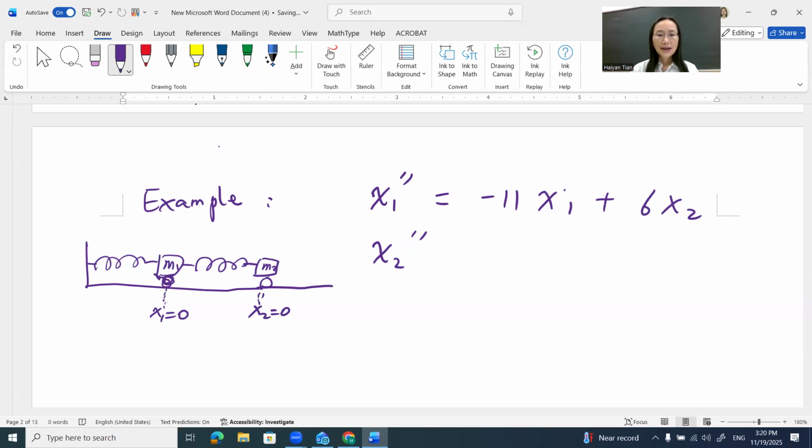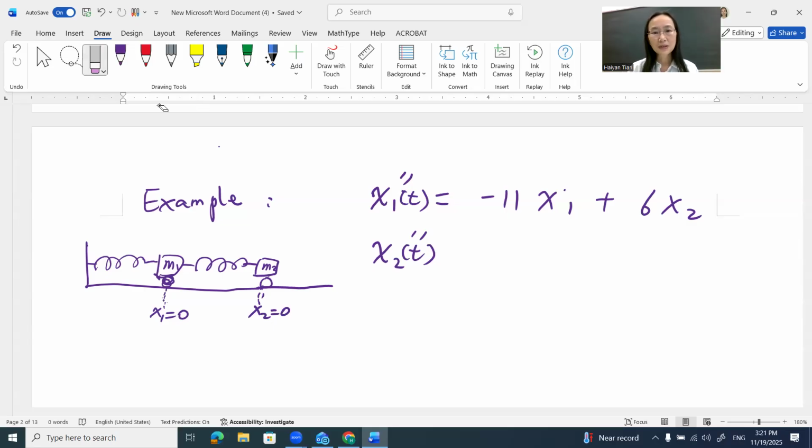So our x1 means the position of the first object, m1. X2 is the position of the second object. Certainly they are functions of time during the motion. Suppose you start with an initial velocity and then they will change with time. So these are functions of time.